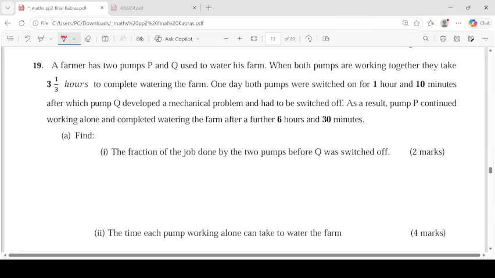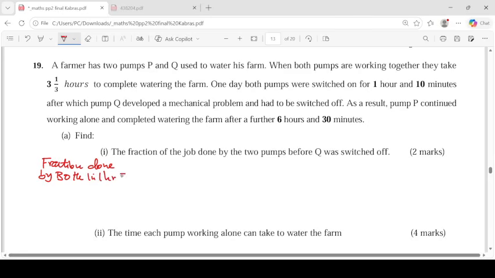Let me compute the fraction done by both in 1 hour.